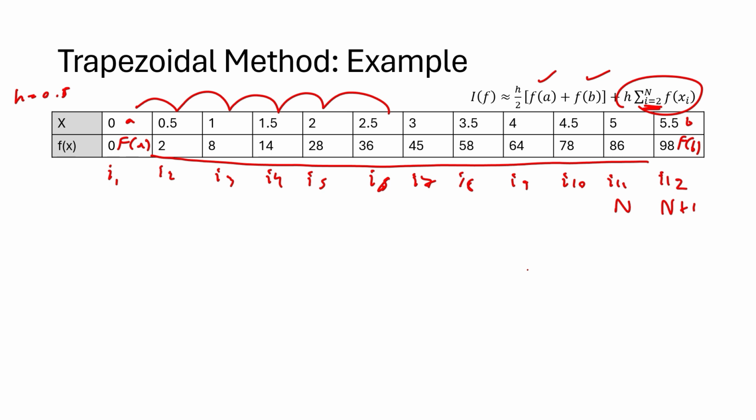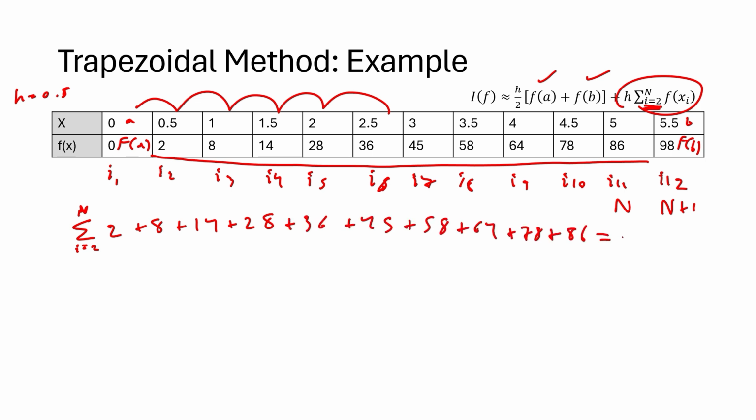So we can say that the sum from i equals 2 all the way to n is going to be 2 plus 8. Simply just put in all the points in between for the trapezoidal rule. And then let's just put that in the calculator very quickly. That gives us a value of 422.